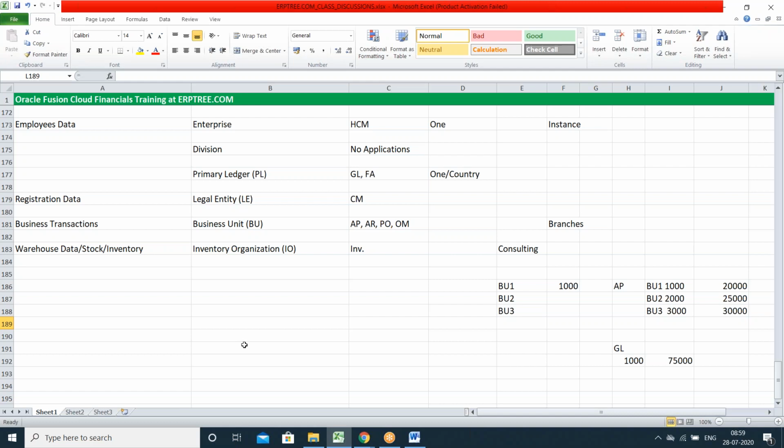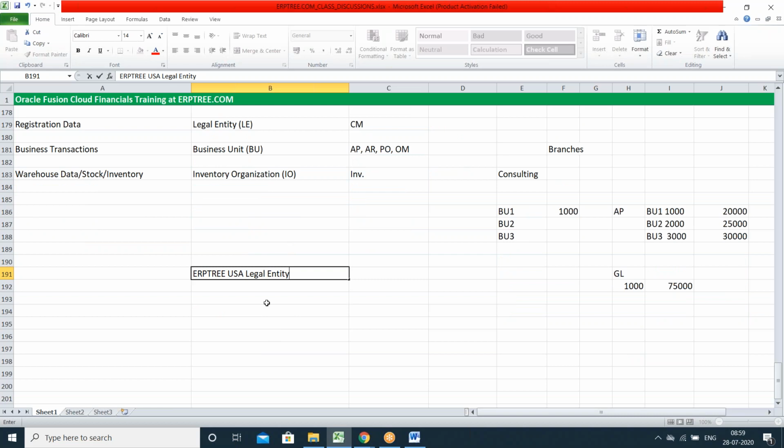Yeah. Say you have one registration in the US, you will create a legal entity, ERP3 USA legal entity. Under this registration, you are running a business, and that business you are running in 10 locations. Now we'll create 10 business units.